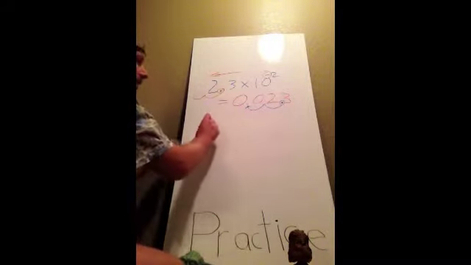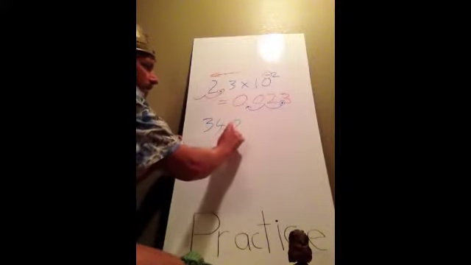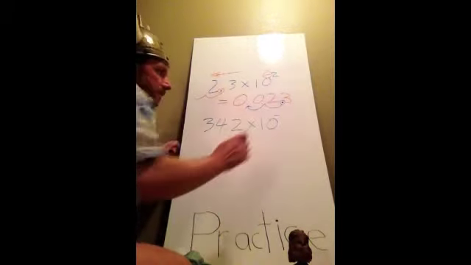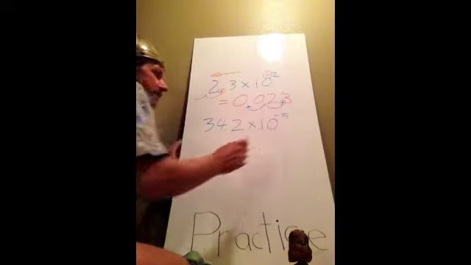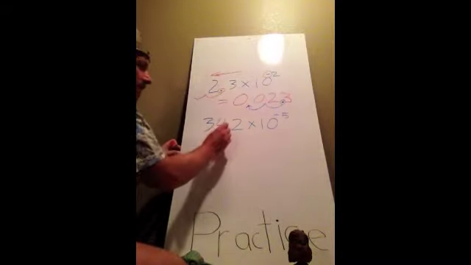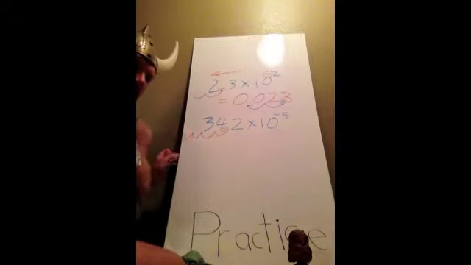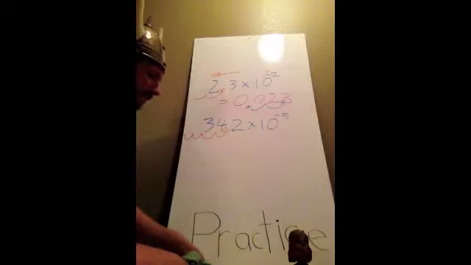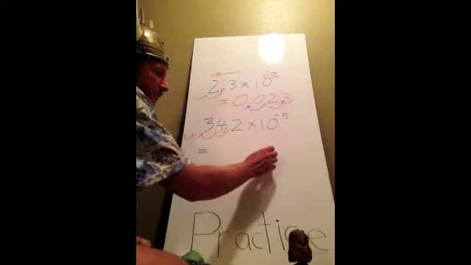Take a look at another one. 34.2 times 10 to the negative 5. Let's go crazy. 1, 2, 3, 4. Oh, went off the board. So we're going to just move the decimal point over here.